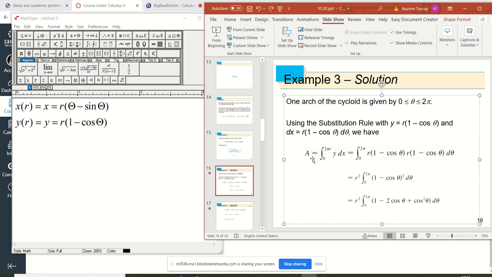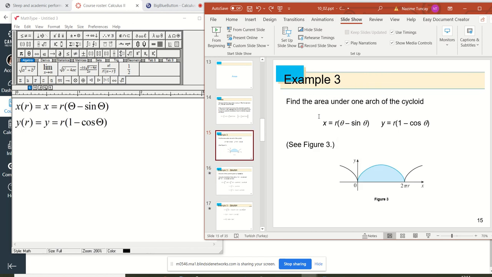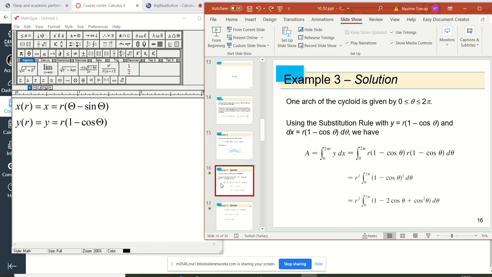So this is the formula. When they ask us what is the area under this curve, we take the integral. In order to find the slope or tangent line, we take the derivative. But to find the area, we always take the integral.